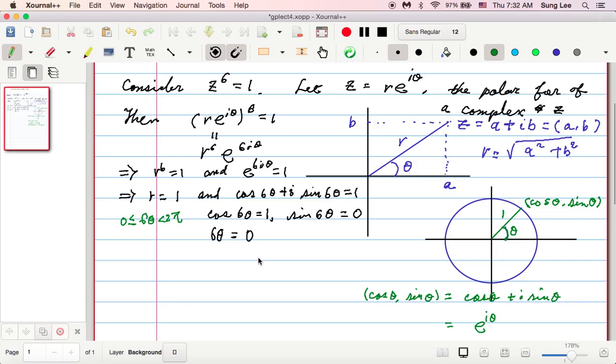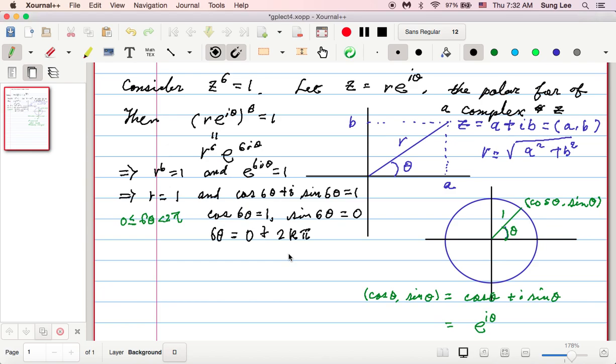So if you want to count all the possible solutions, you have to include plus 2k pi, where k is an integer: 0, 1, 2, 3, 4, 5, and so on.